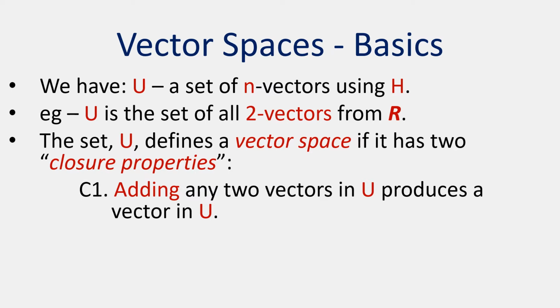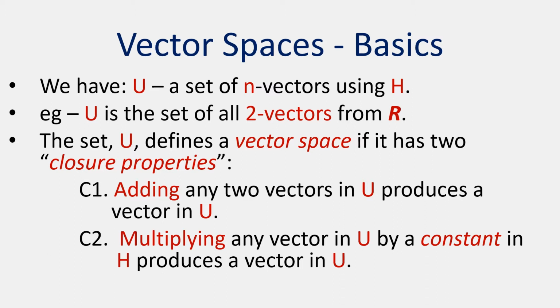First of these is if we add any of the 2 vectors in U, then the result is another vector in U.